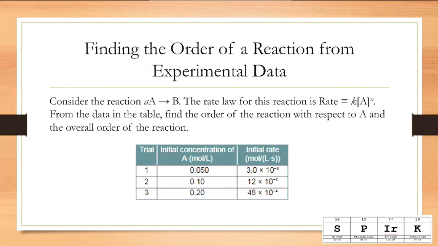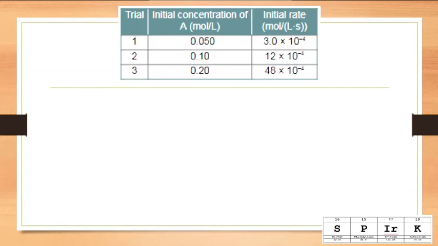In trial 2, the concentration of A was 0.1, and in trial 3, the concentration was 0.2. And as you can see, the rate increases as the concentration increases. So now we're going to switch over to our math brains, and we're going to figure out the order of this reaction.